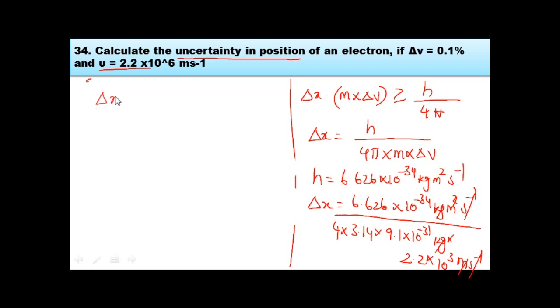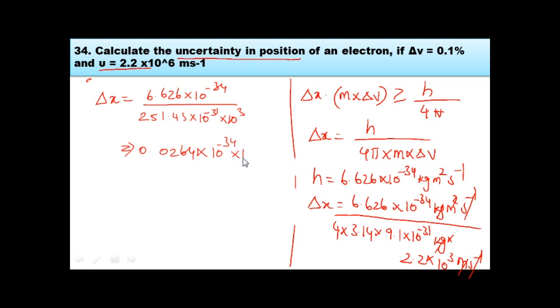So delta X equals 6.626 into 10 power minus 34 divided by 251.45 into 10 power minus 31 into 10 power 3. So what is the answer? Simplifying, it is 0.0264 into 10 power minus 34, 10 power plus 31, and 10 power minus 3. When dividing, what comes from the top as plus is converted into minus, and minus is converted into plus.